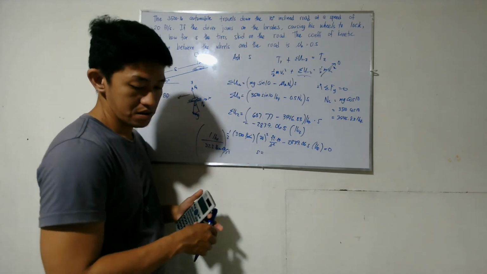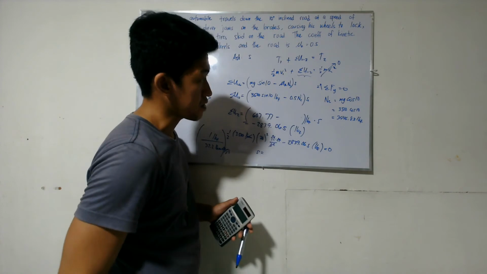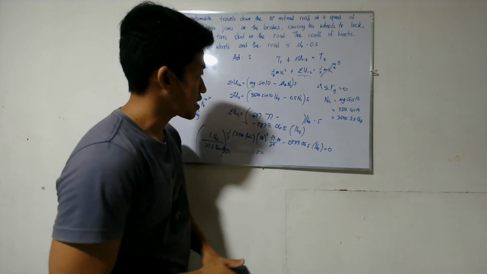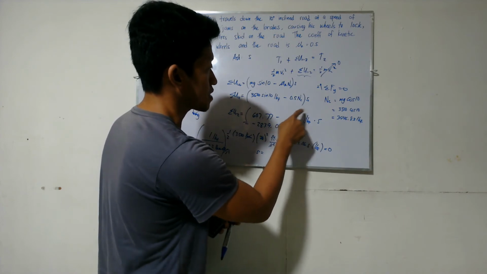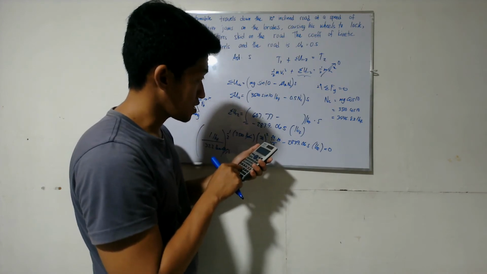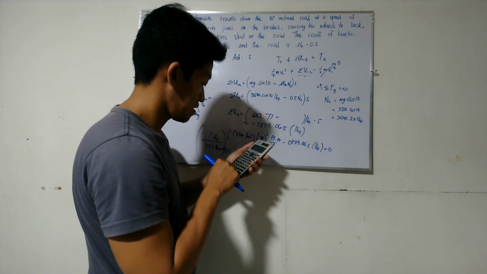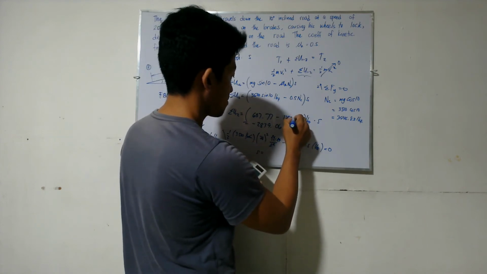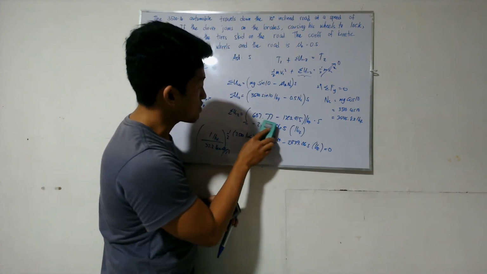By the way, we overlooked something here. This value for the normal component, 3446.83, must be multiplied by 0.5. So that is 1723.41. Okay? So the value will change.